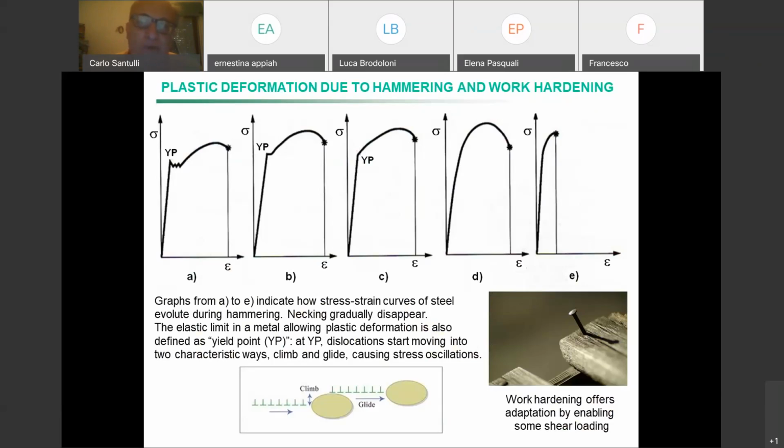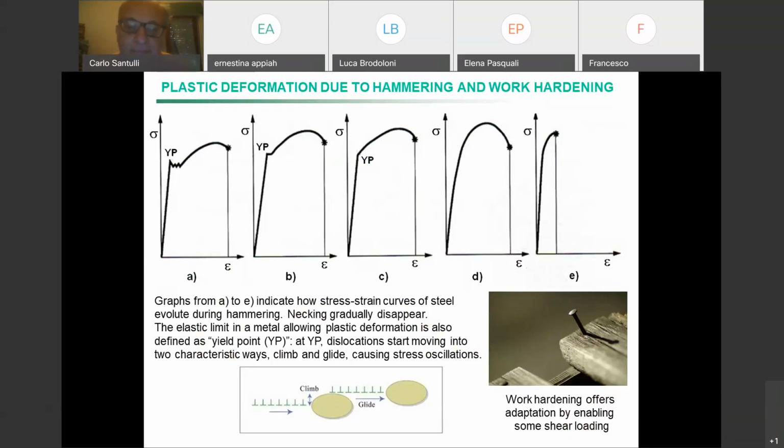It should be quite hard for a start. Then you imagine that in hammering the nail into your structure, into your wall, into your wood, you pass from A to B to C to D to E.